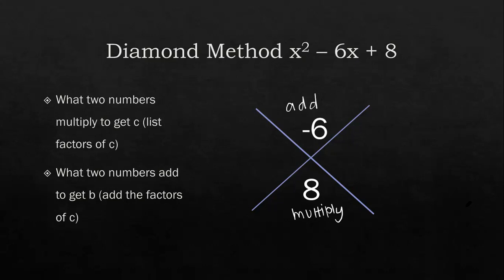Really quick though, my question is, if it adds to get me -6, but multiplies to give me +8, your two numbers have to be what? Negatives. Okay, good. Awesome.